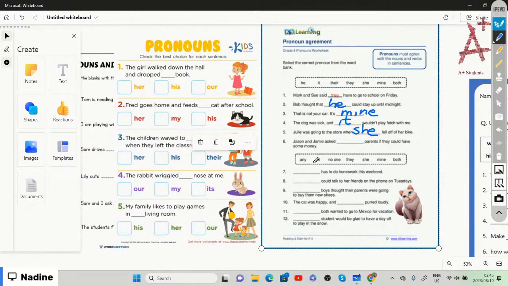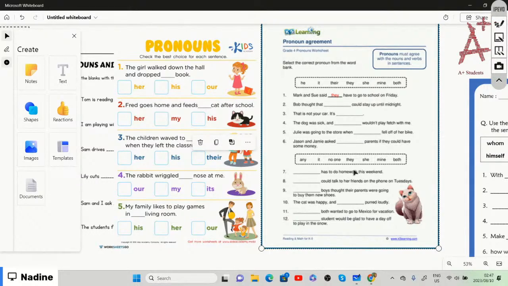And Jason and Jamie asked their parents if they could have some money. So that is pronoun agreement. And remember, we said the pronoun must agree with the noun or, for example, a verb within a sentence.